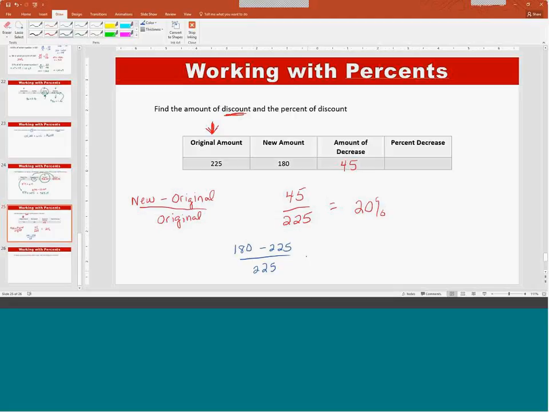That's the percent of increase or decrease. Because the numerator gives you a negative number, negative 45, I know that's a decrease compared to the original, and that becomes 0.2, or a 20% decrease. So just remember this formula: if you want to know the increase or decrease, it's your new amount minus your original amount, divided by your original amount.